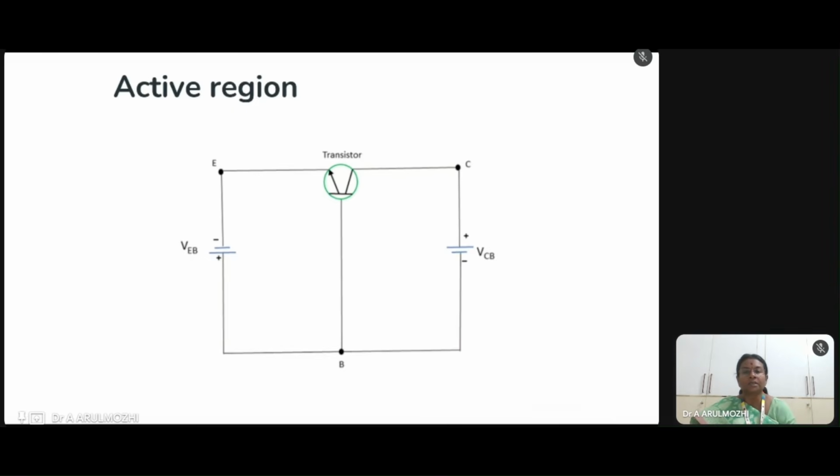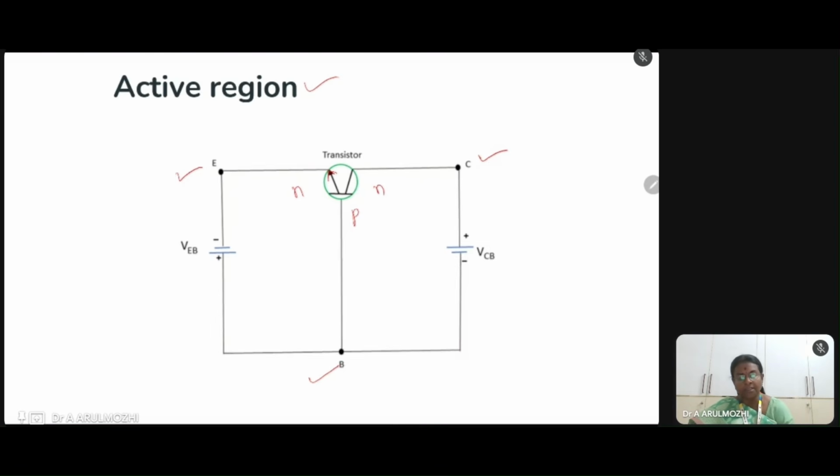Here you can see the active region diagram. In the active region, the emitter base junction is forward biased. This is our emitter, this is our base, and this is our collector, and this is an NPN transistor. In this case the arrowhead is pointing outward, so we understand it is an NPN transistor.